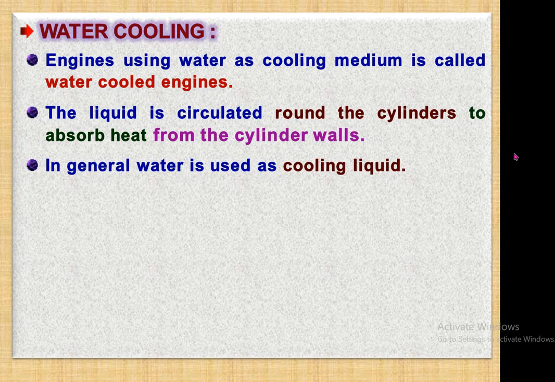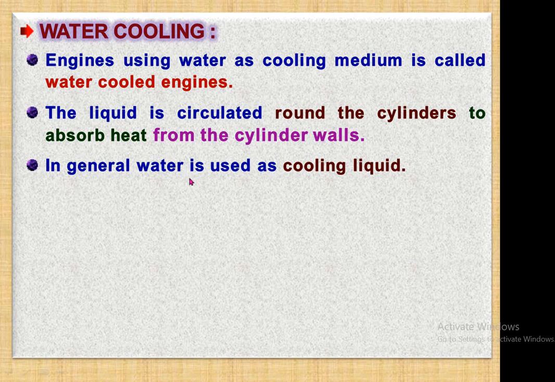So the heat that has been generated inside the cylinder is conducted through the wall of the cylinder to the water, and water absorbs excess heat from the cylinder and then it runs towards the radiator. We will see the water cooling system of the engine. At that time you will see the different parts of this water cooling system.